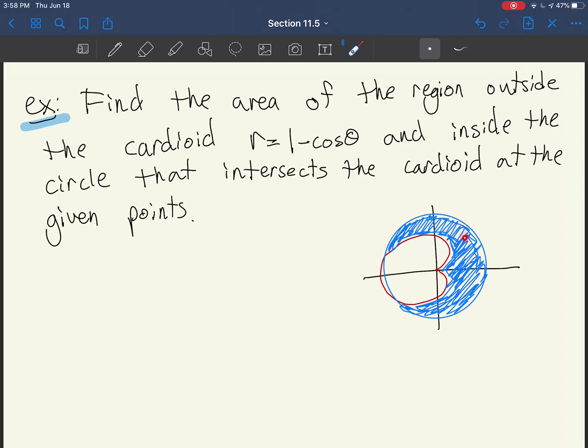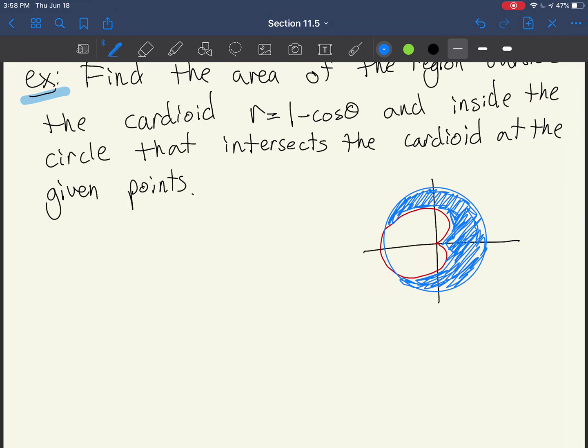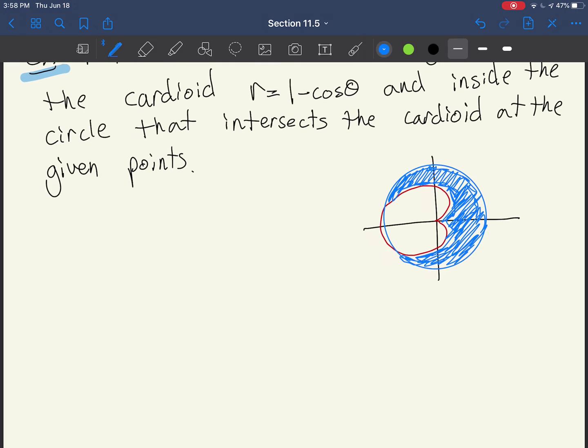Then you come over here and you have this region that would have just the area beneath the curve of the cardioid. And then you have this region that is just the area beneath the curve of the circle. I guess 3 regions, not 4. But still, rather complicated. And also, we would need this point here, and I have no clue how to find that easily.